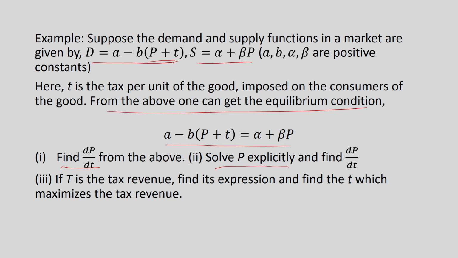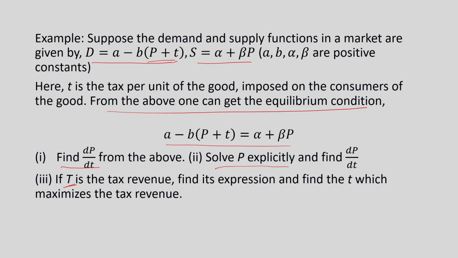The government is getting some tax revenue, the total amount of which is denoted by capital T. Now, suppose the government wants to maximize this tax revenue and earn the maximum amount of money that it can get from the market by imposing this tax on the consumers. Now, how does the government then fix the small t?